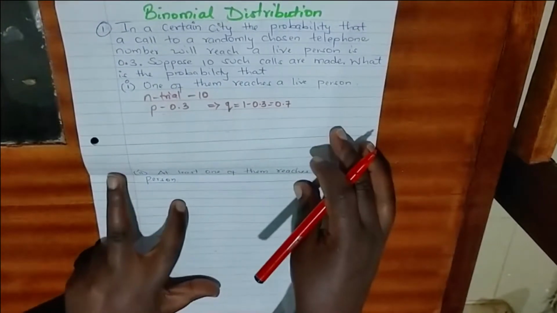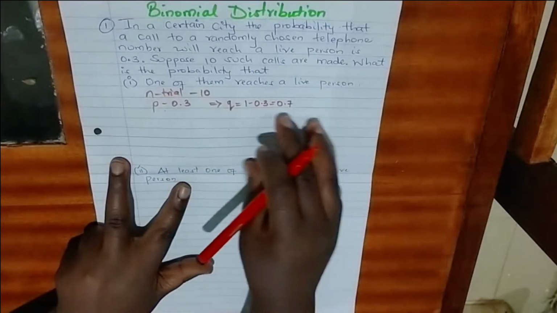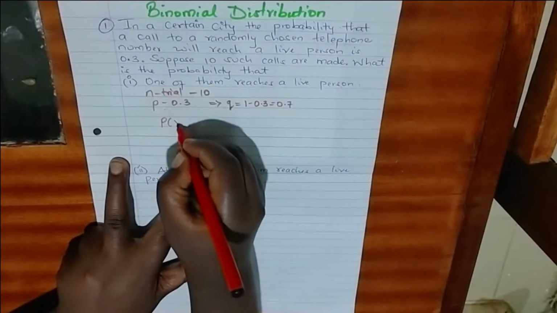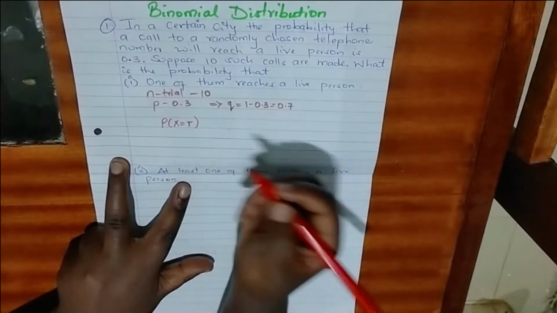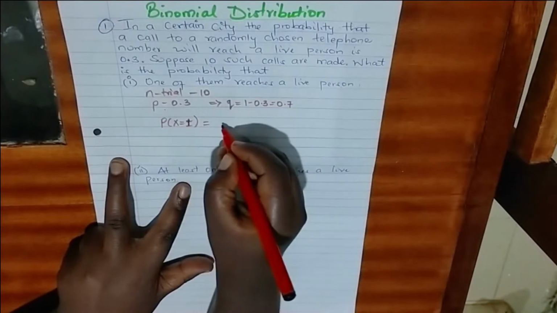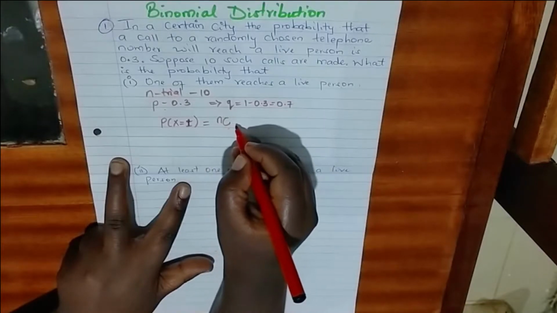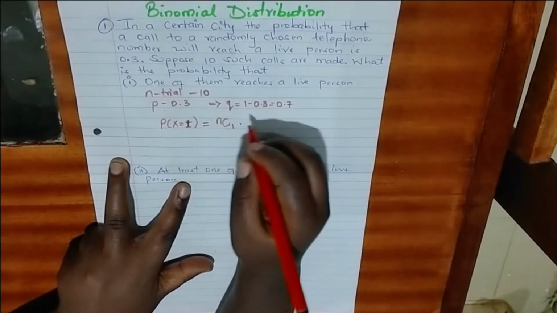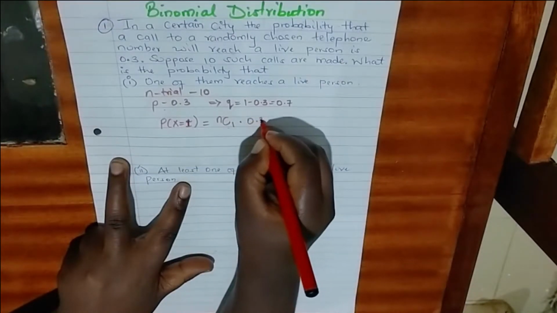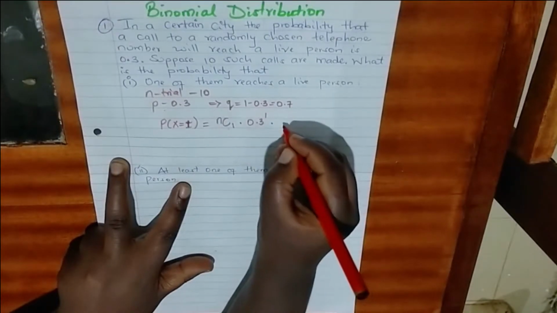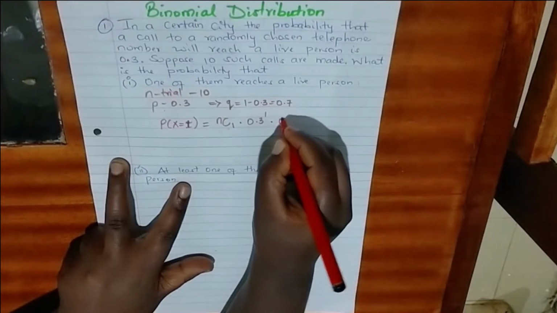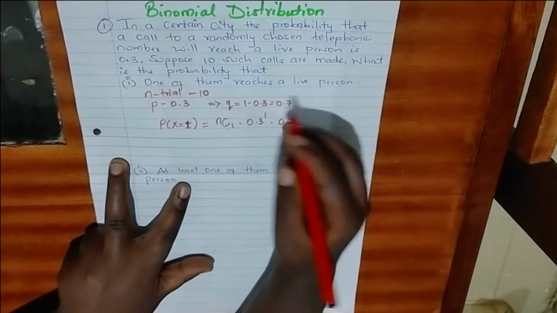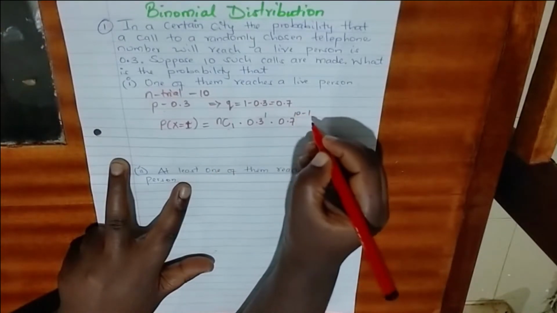So now, what is the probability of reaching exactly one person? What you're looking for is the probability of X being equal to 1. This is n combination 1 multiplied by the probability of success, 0.3, raised to power 1, and then the probability of failure, 0.7, raised to power n minus 1, which is 10 minus 1.